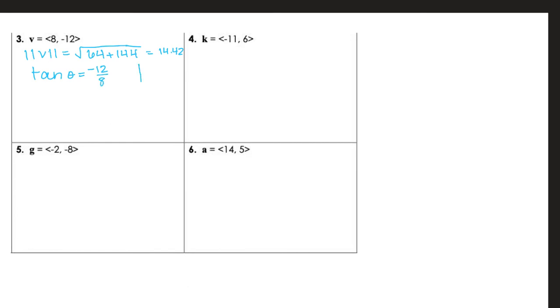And let's plot and see where we at on this. So we would go over to the 4th quadrant, and I plot the triangle to see where we're at. And so we would do the inverse tangent of negative 12 over 8.